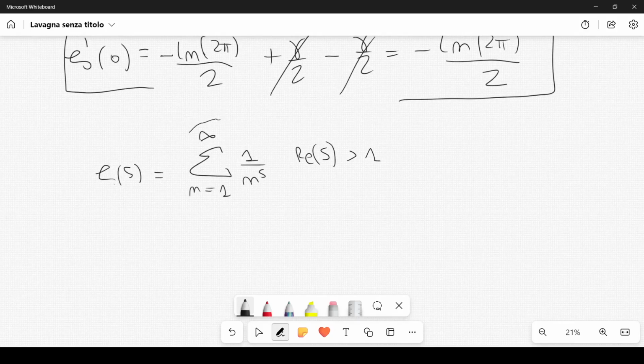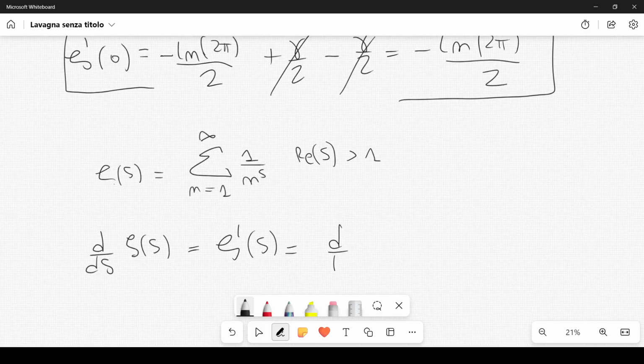So this infinite series will get some corrections to cancel out the infinities. But let's assume that we can use this definition here also for values of s that do not comply with this condition here. So let's calculate the derivative with respect to s of zeta of s.